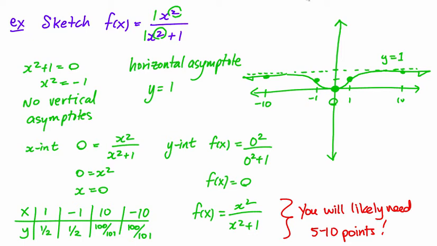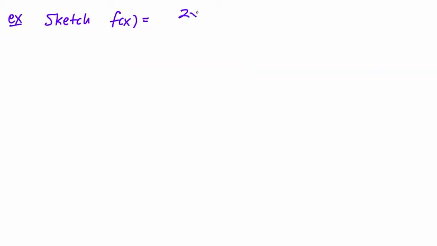Let's take a look at one more example. So we're going to sketch f of x is equal to 2x over x cubed minus x squared minus 2x. One thing that you may notice right away is that the numerator and the denominator can actually factor.